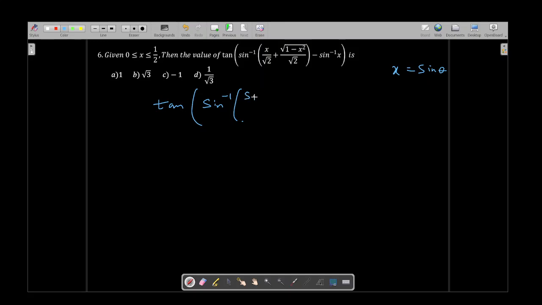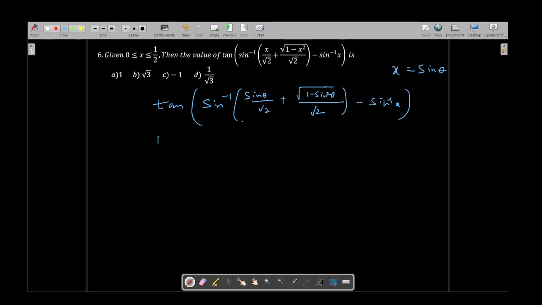So this becomes sine theta by root 2 plus 1 minus sine square theta divided by root 2, minus sine inverse of x.